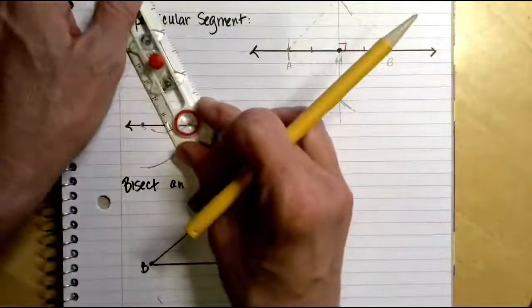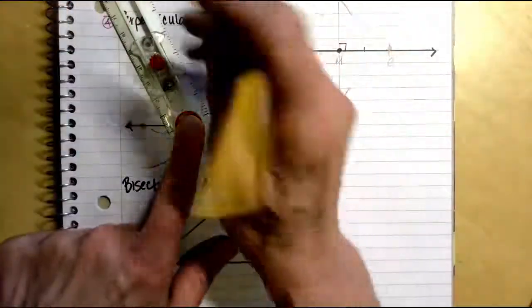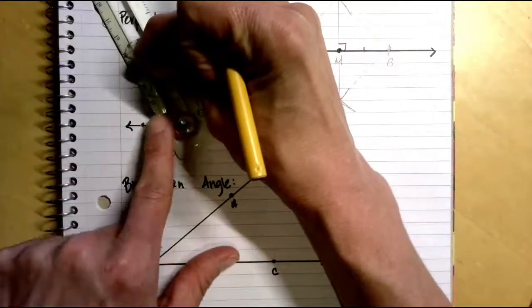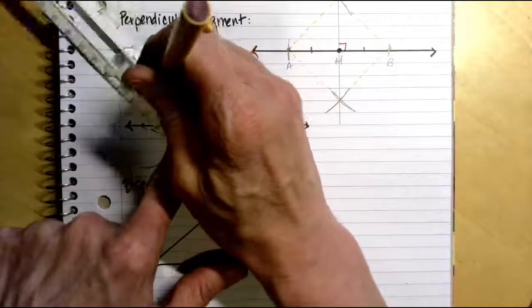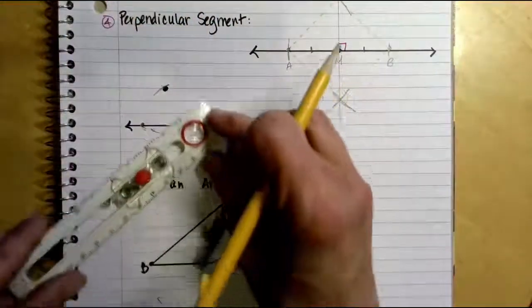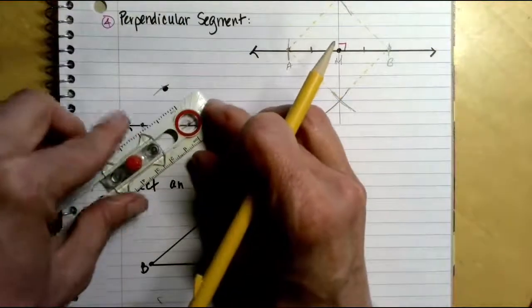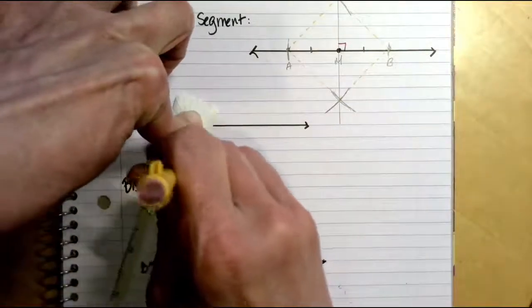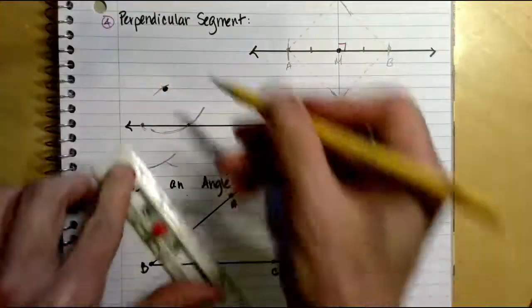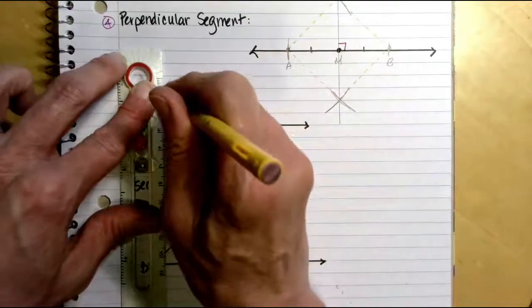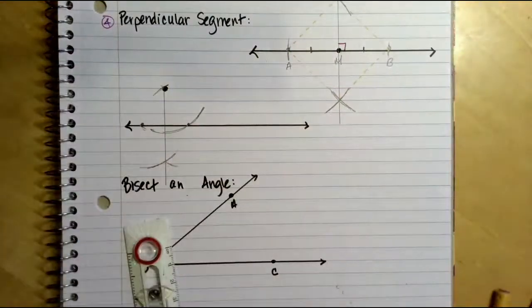And then we'll bring this down and let this one connect down here. And then we have our perpendicular line through a point not on the line.